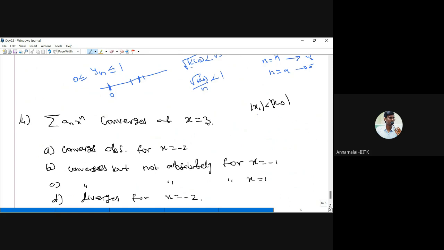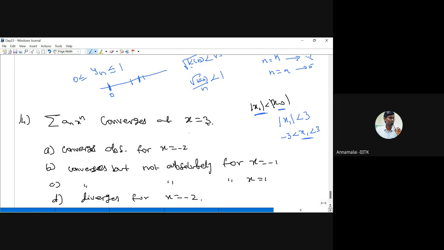So the theorem says the series is absolutely convergent for all x1 with modulus of x1 less than x0, where x0 is a point of convergence. Here x0 is 3, therefore it is absolutely convergent for all x1 with -3 strictly less than x1 strictly less than 3. For all points between -3 and 3, the series is absolutely convergent.